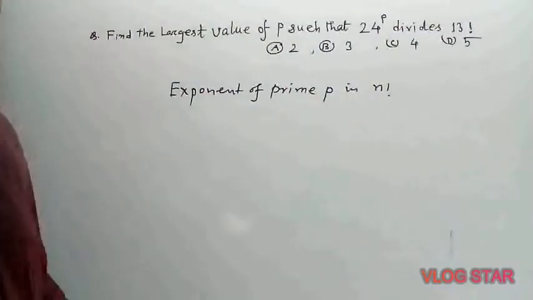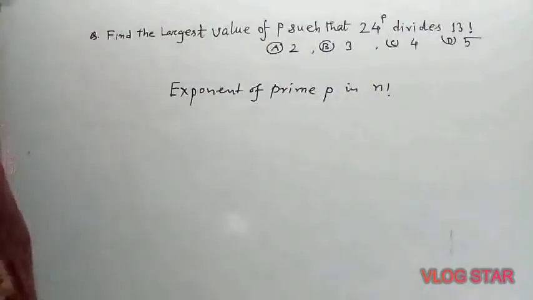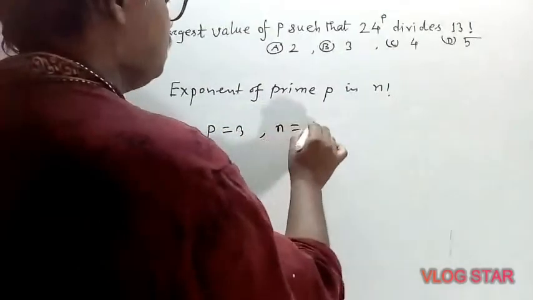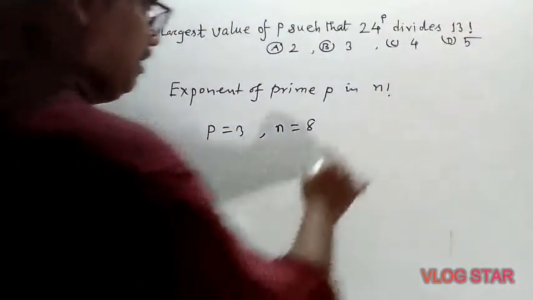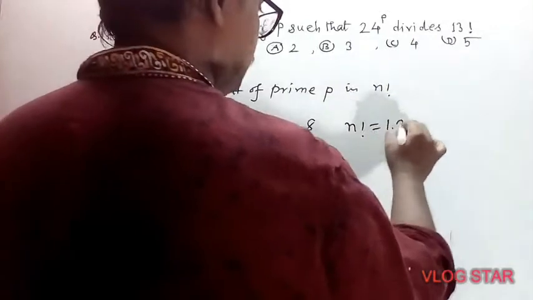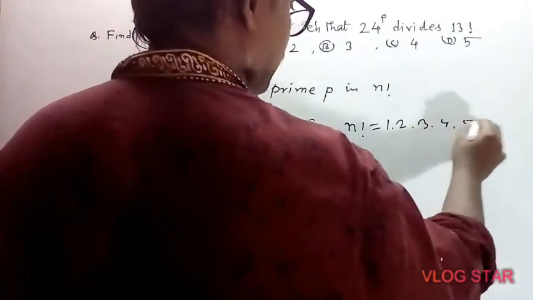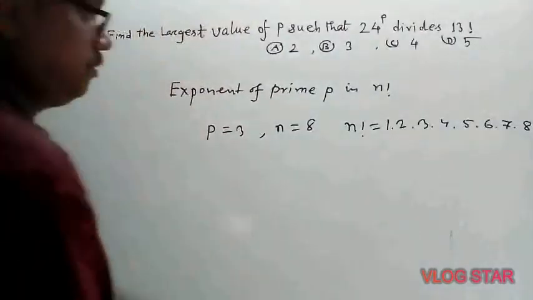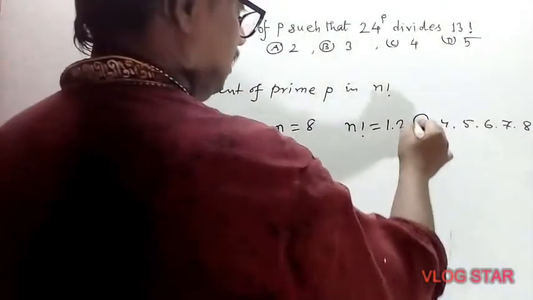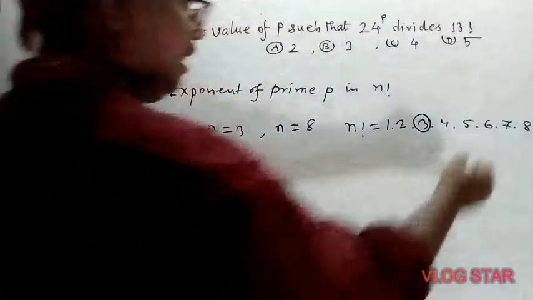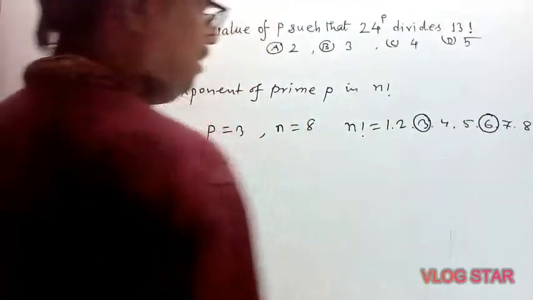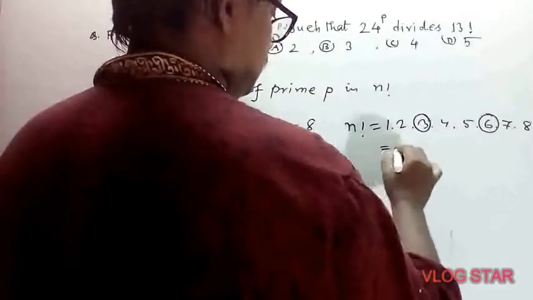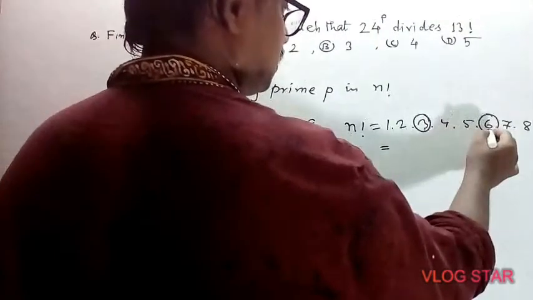If we take another example, suppose p equals 3, prime, and n equals 8. Then 8 factorial means 1, 2, 3, 4, 5, 6, 7, 8. So how many 3's? This is divisible by 3 and this is divisible by 3. Then this can be written as 3, and 6 means 2 into 3.